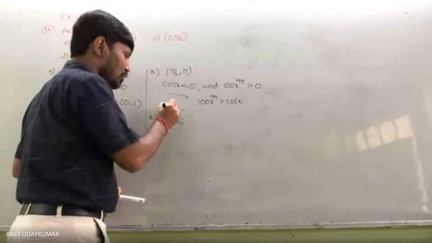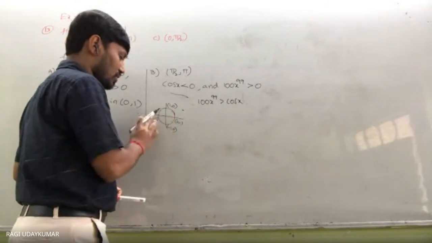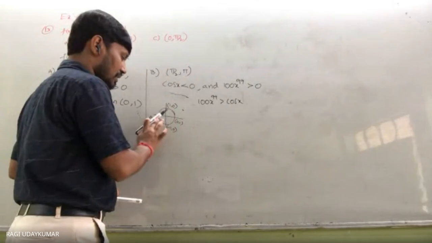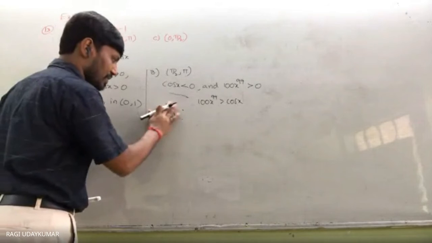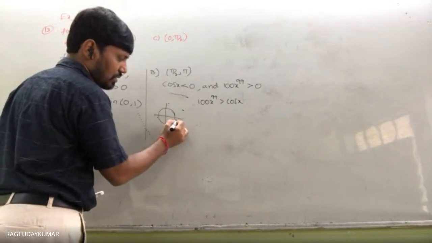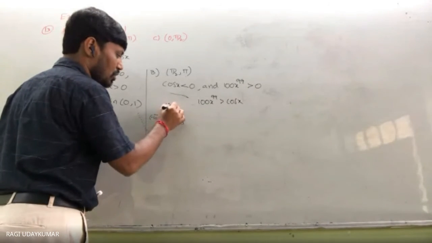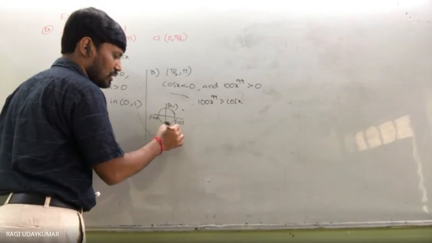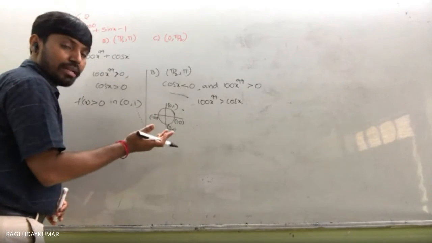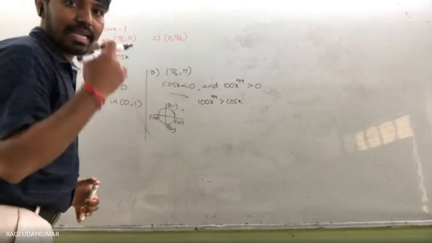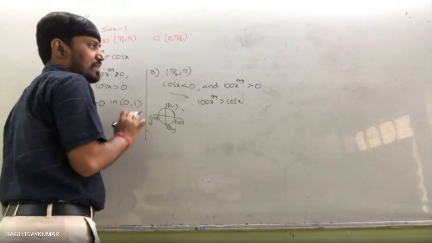This is 1, 0, this is -1, 0. Sorry, what I wrote. This is 1, 0. This is -1, 0. This is 0, 1. This is 0, -1. The x coordinate represents the cos. The y coordinate represents the sine. So this is cos. Cos pi value is -1.